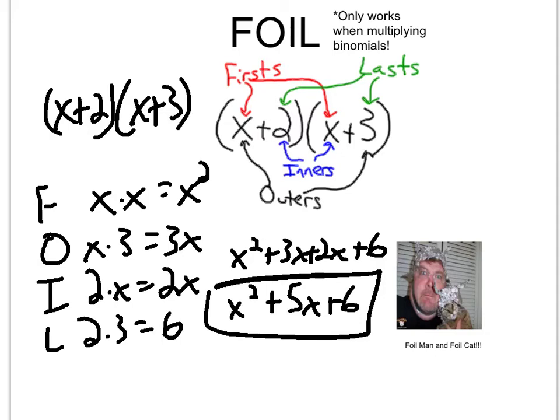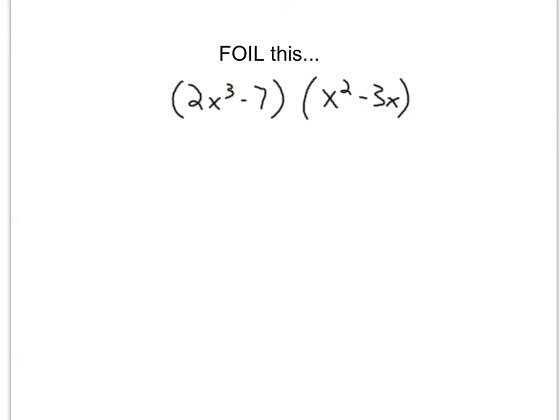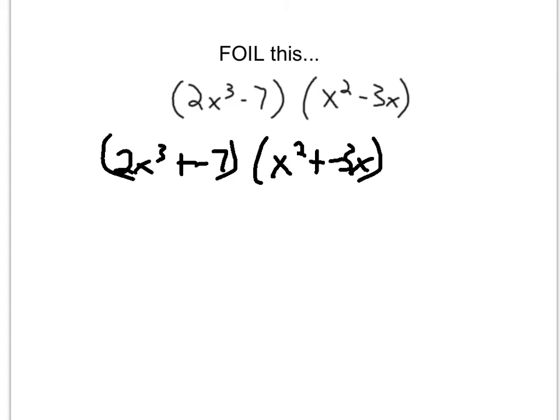Alright, now let's do some more work with these multiplying polynomials. So here's another example. We want to FOIL this. Okay, so the first thing I'm going to do, as usual, is change subtraction to addition. So this is going to change to 2x cubed plus negative 7 times x squared plus negative 3x.